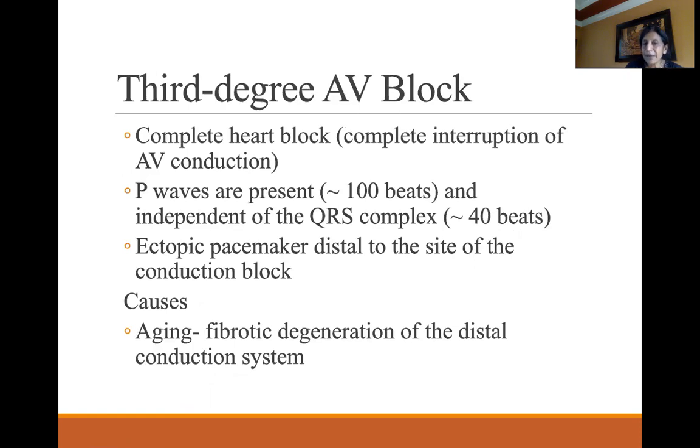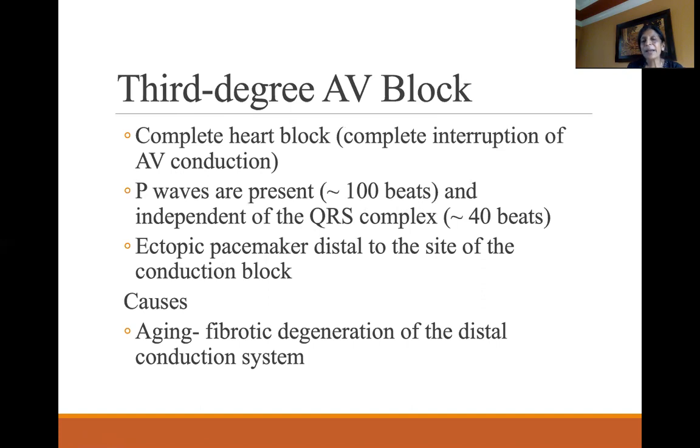Okay, P waves are present, and they're going to be faster, 70 to 80 beats per minute, and they are on their own without any link between P wave and QRS complex.